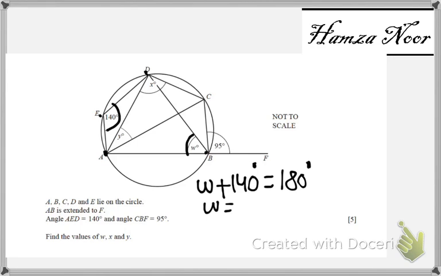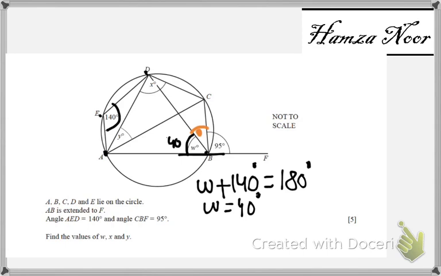So W is equal to 40 degrees. Then since this angle is 40 degrees and here you have a straight line, this missing angle will be equal to 180 minus 40 minus 95, so this is equal to 45 degrees.